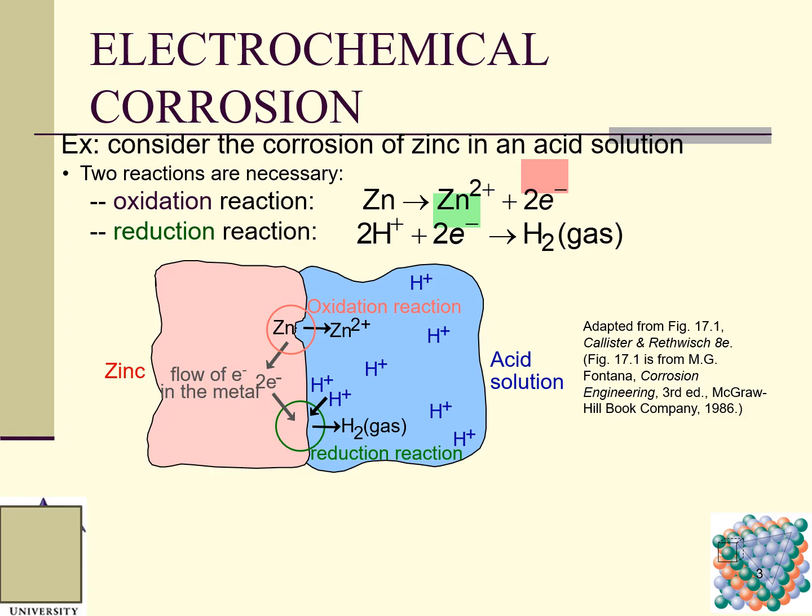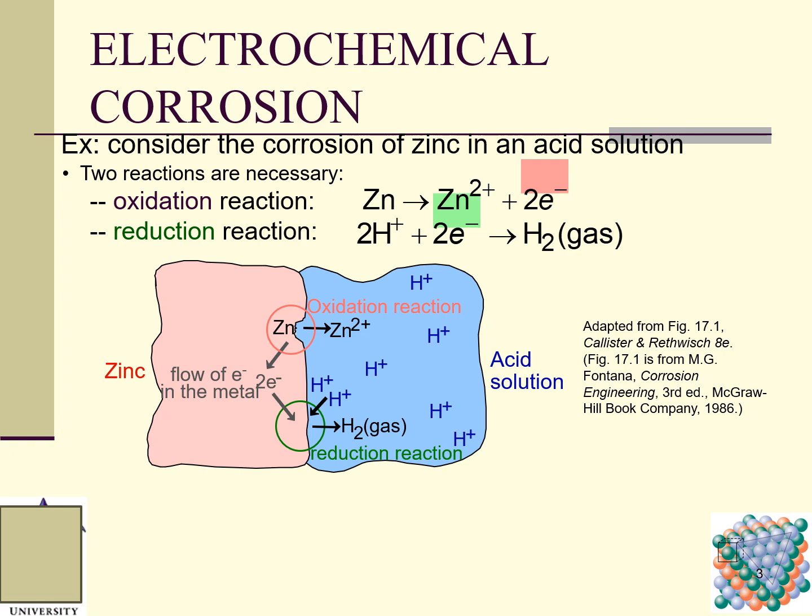At the very beginning, the zinc atom is a solid, and then becomes the zinc ion, which will go into the water, the solution. So it will dissolve in the solution.